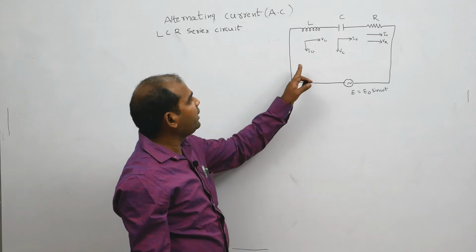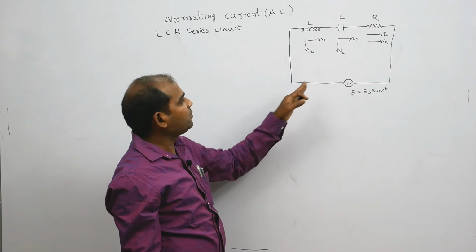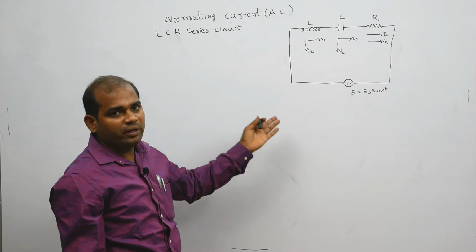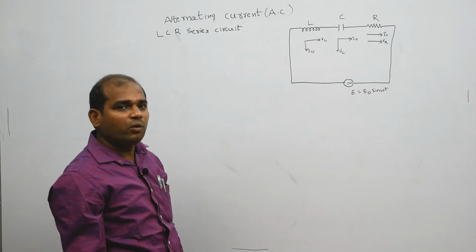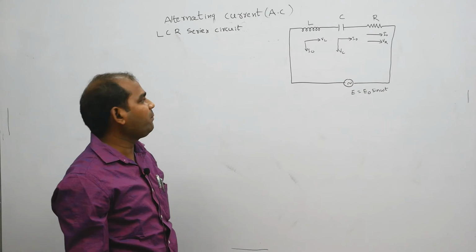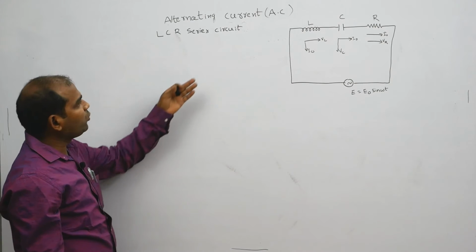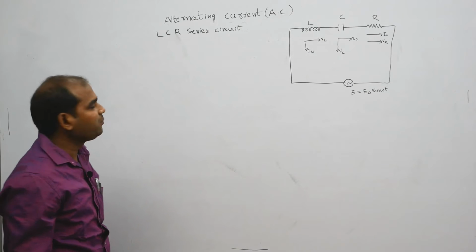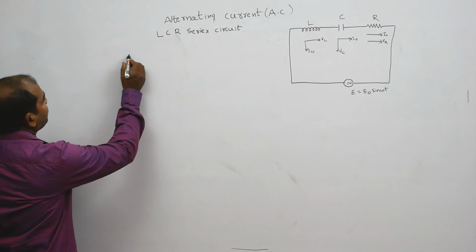We can easily understand how the current and the EMF vary in this circuit by drawing the phasor diagram. We are not going into the derivation part. By seeing the phasor diagram we can understand easily. Let us see how to draw the phasor diagram.